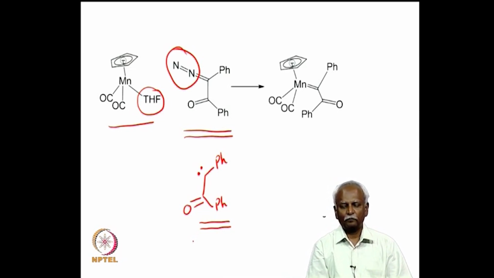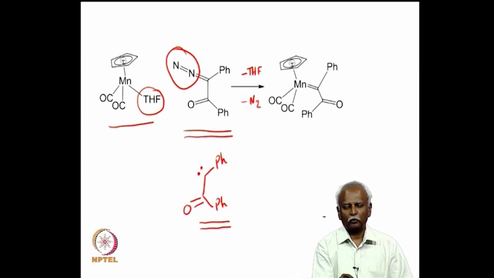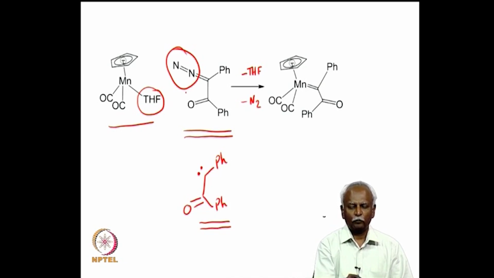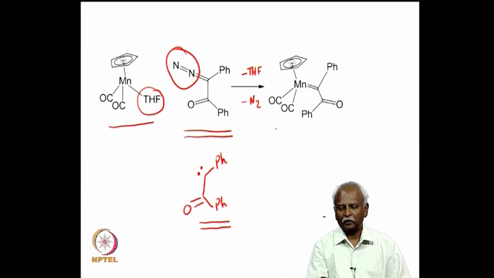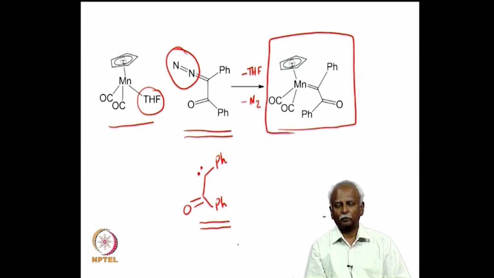So, if you have minus THF, then minus nitrogen, you eliminate a molecule of nitrogen from here, and if you eliminate a molecule of THF from this manganese complex, you end up with coordination of the 2 remaining species, and you form this nice complex where you have a carbene center coordinated to the manganese.